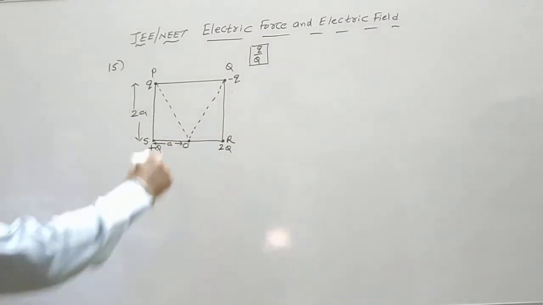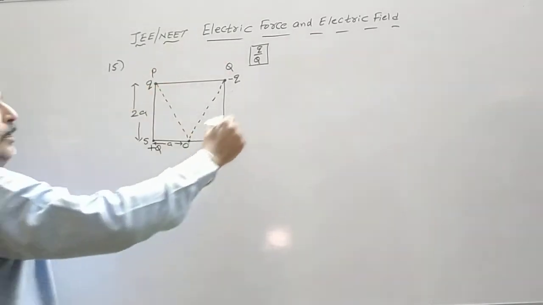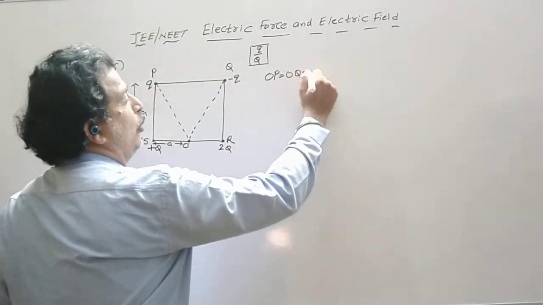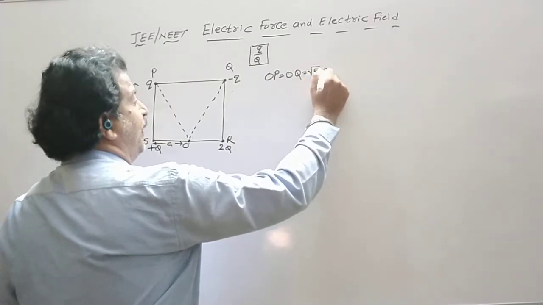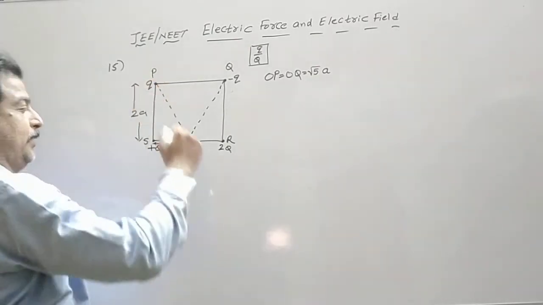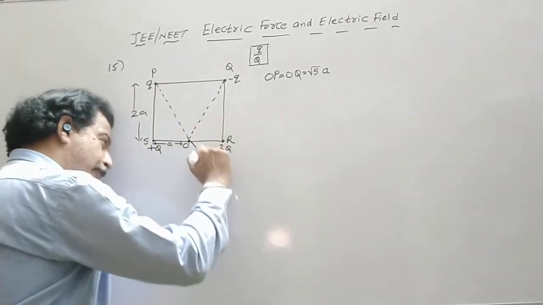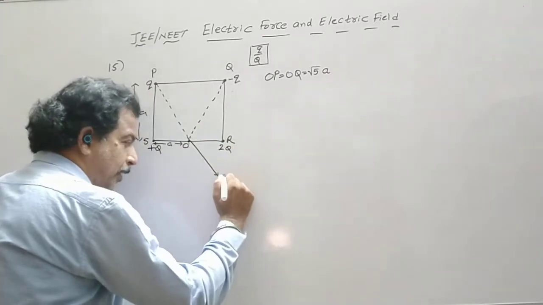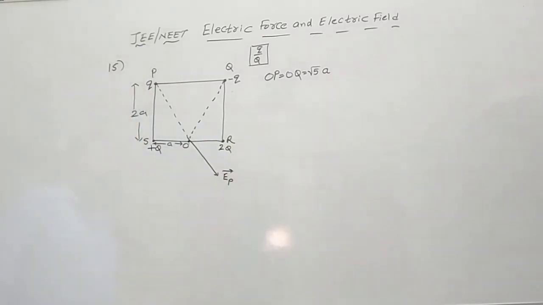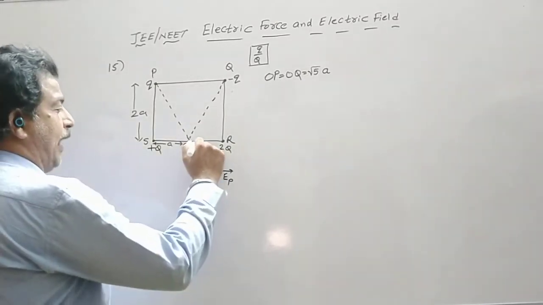So the distance OP is equal to OQ is equal to root 5a. That is the Pythagoras theorem we applied. So the distance is known. Now this is plus, so there will be a repulsive force. Let this field be denoted by EP and let this angle be theta.